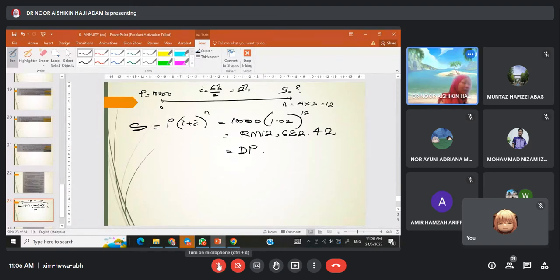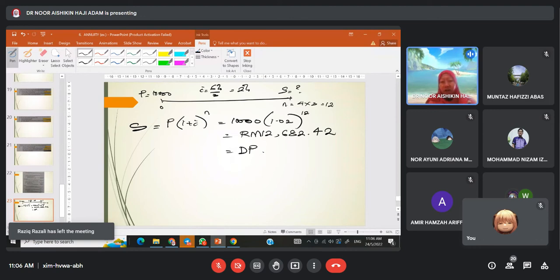So, pergi pada soalan berikutnya. The balance of the shop lot's price was financed through another bank. Kita tahu ke harga shop lot tu? Given tak? No. Tak tahu. Not given. Obviously a lot higher than 12,000 tu kan? Sebab 12,000 is just a down payment. Betul tak? Yes.